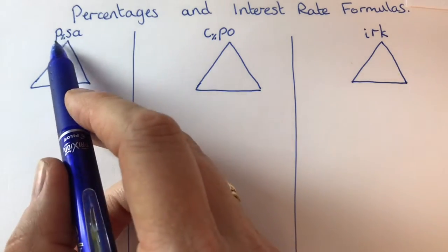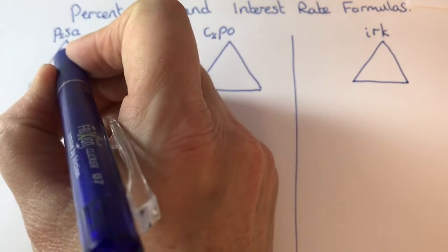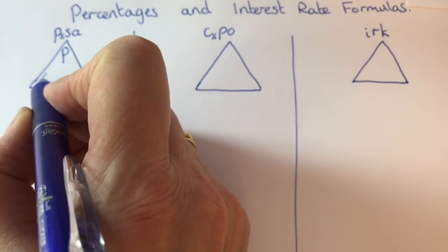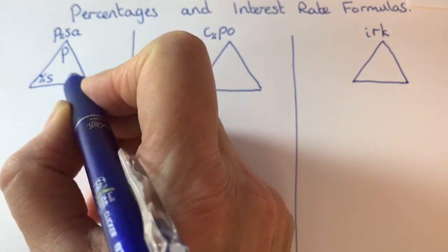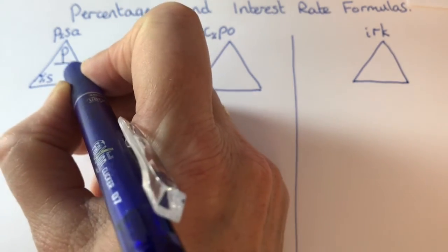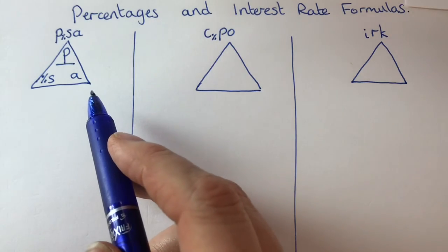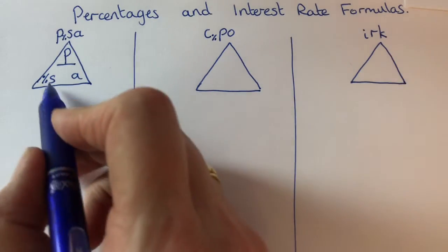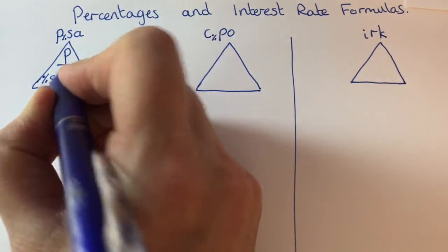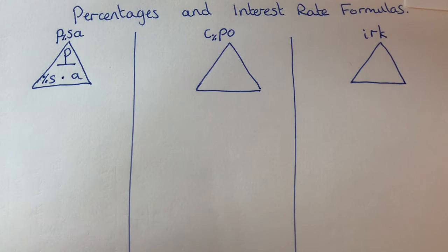Well, we write the first letter at the top of our triangle, P. Then we work downwards. So here we have percentage, S and A. Between these two, up top and bottom, there's a dividing sign. And between the two bottom terms, there's a multiplication sign.